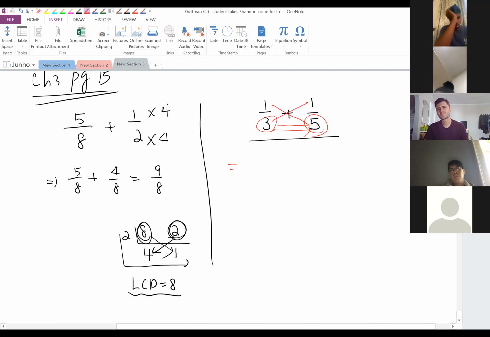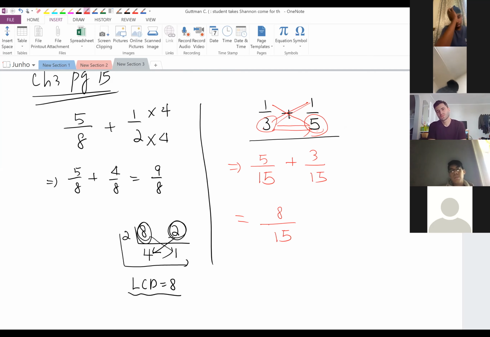Then this becomes 5 over 15, because 5 times 1 is 5, 3 times 5 is 15, plus 3 over 15. Therefore, this becomes 8 over 15. Make sense? Okay.